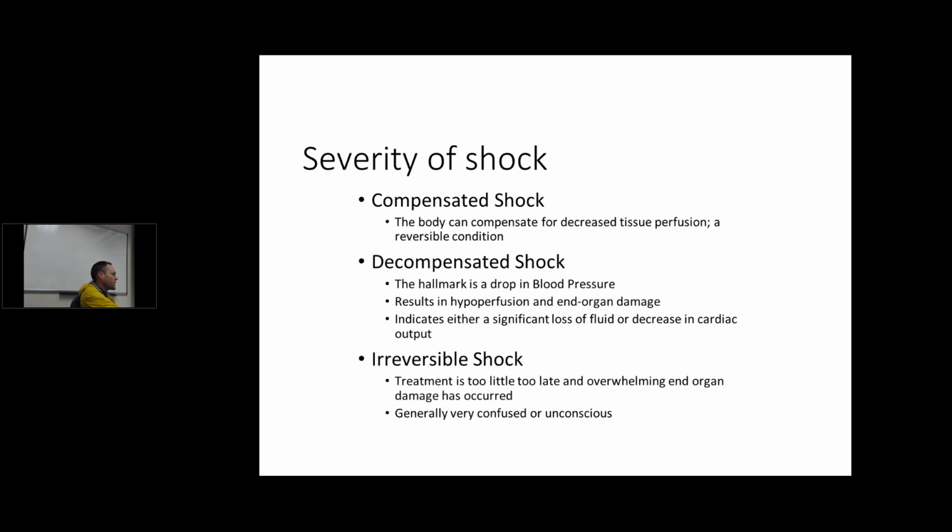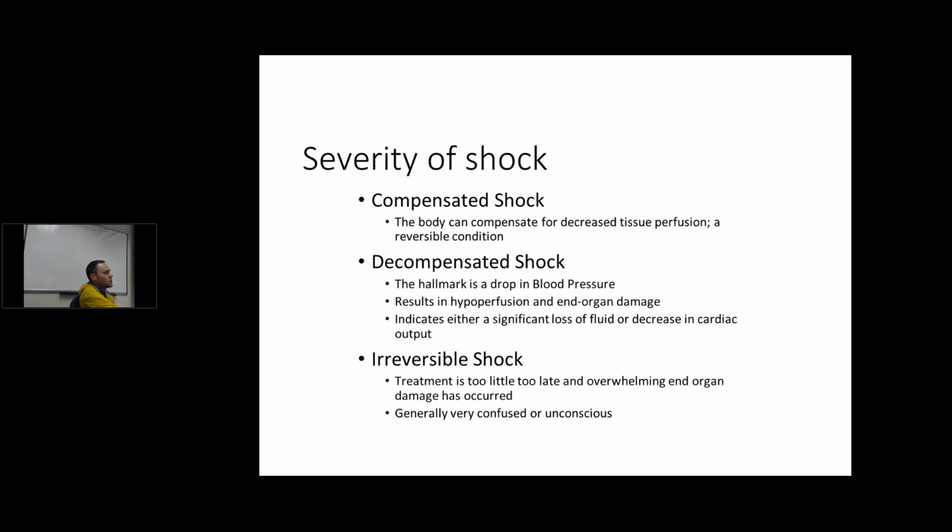So like cardiogenic shock, they hold their blood pressure for a while. That's compensated, right? Their vasculature is compensating for that bad pump by vasoconstricting all their vessels. Well, at some point, if nothing's done to help that heart, that pump's going to get so bad that the vasculature can't compensate anymore, right? And then the blood pressure drops quickly.